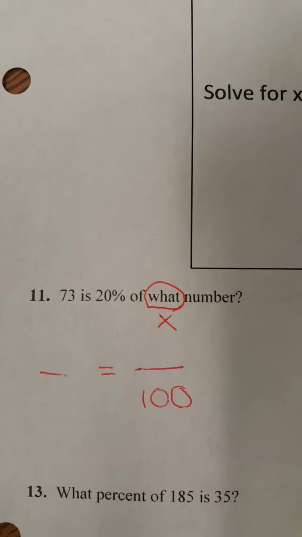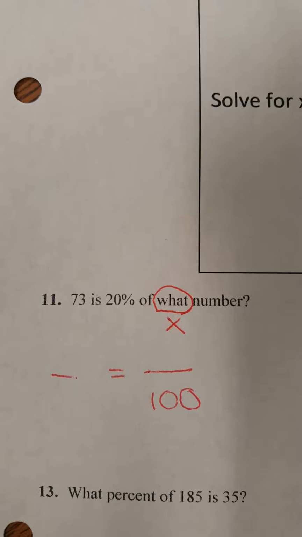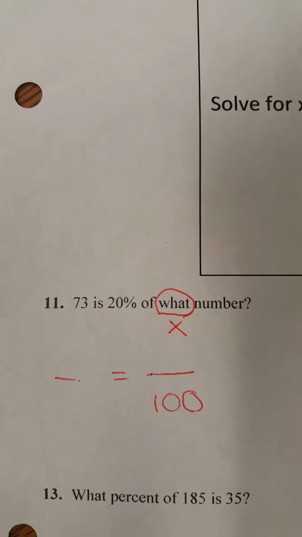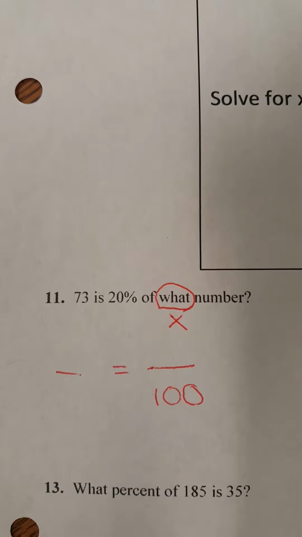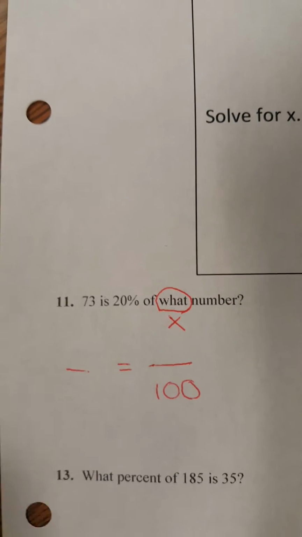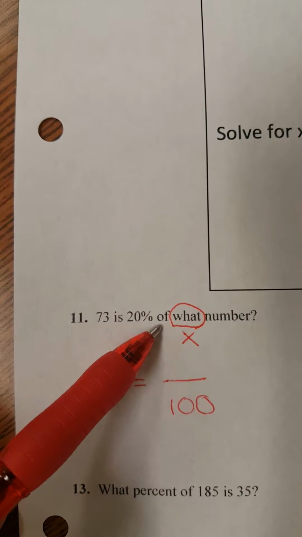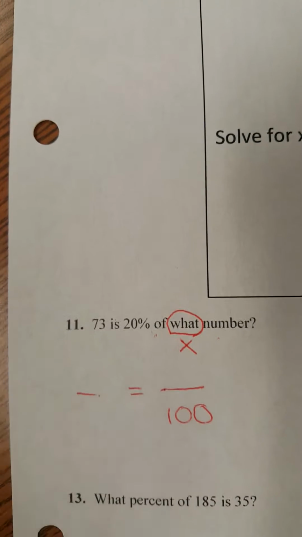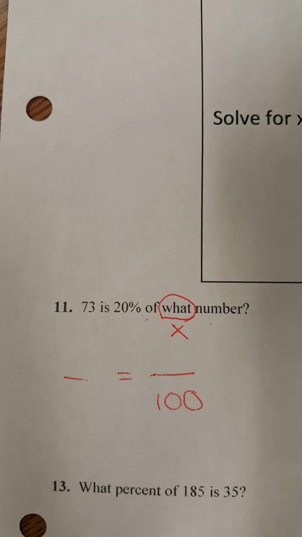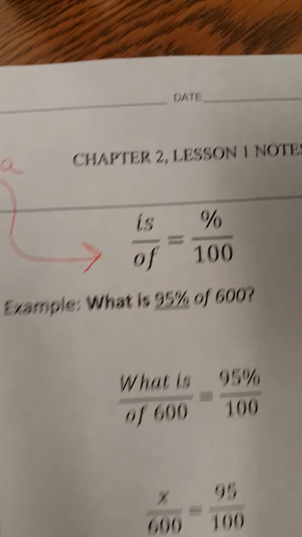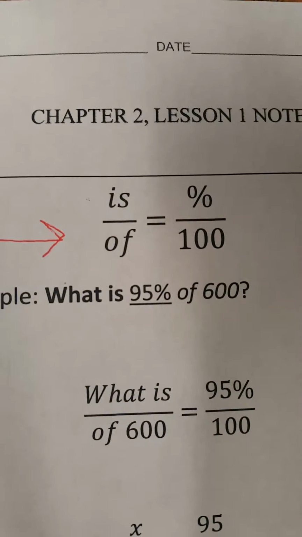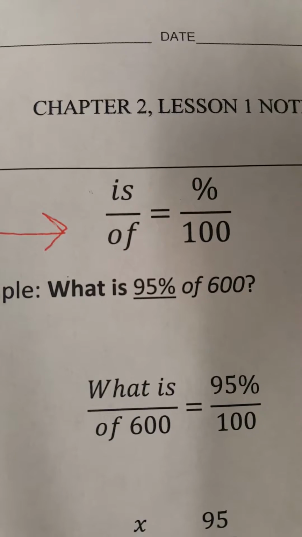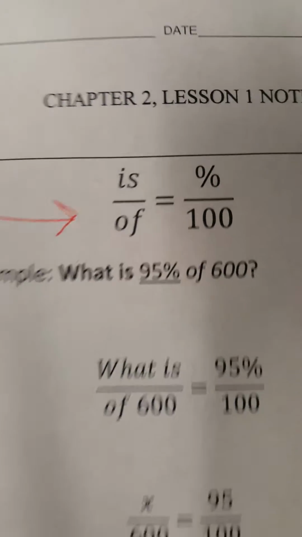And so I'm going to use context clues to decipher where my x goes in my proportion. If you look, I've got the word of and the word number next to what, which represents the variable. And if you look at the formula, the word of is part of the percent equation.